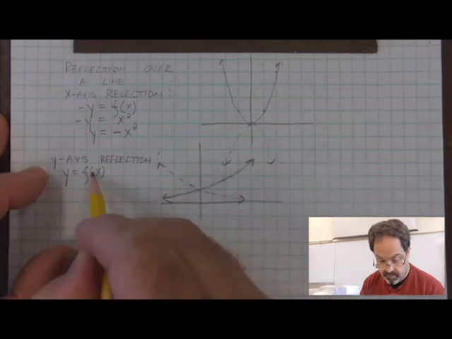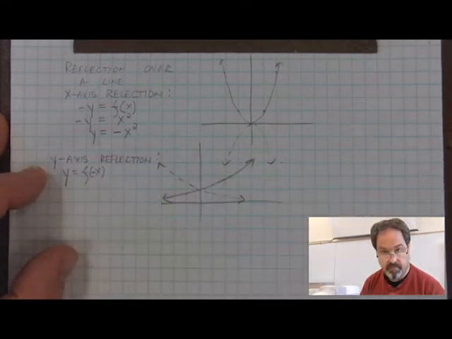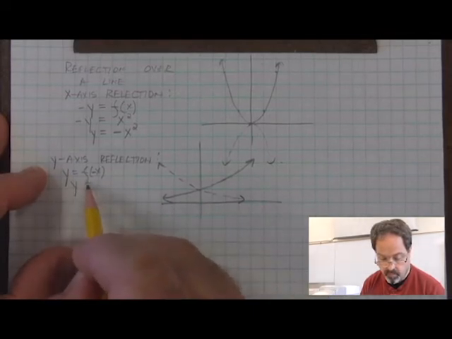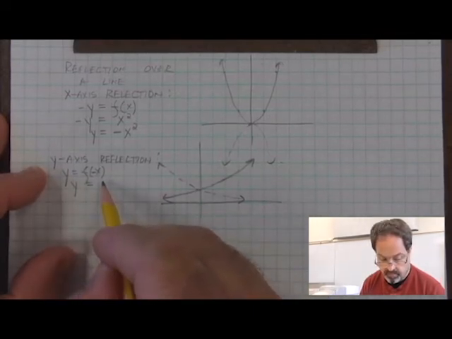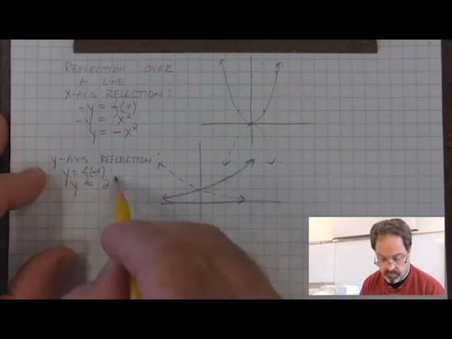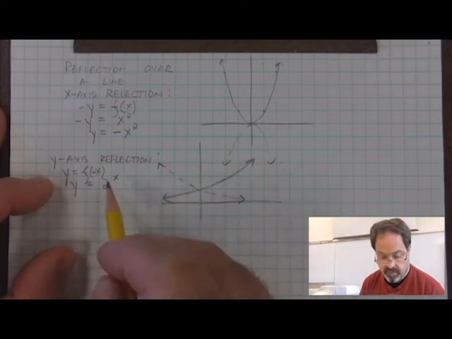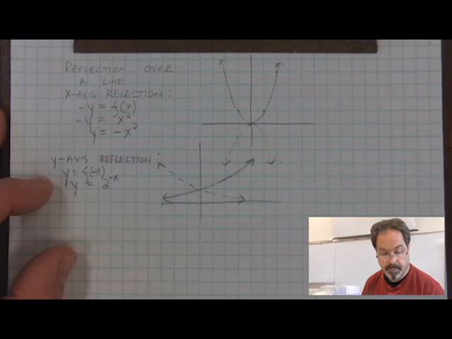Inside the function, I would make x negative. So if this function in this example was y is equal to 2 to the x, exponential base 2, then the reflection's equation is making x negative by putting a negative in front of it there.